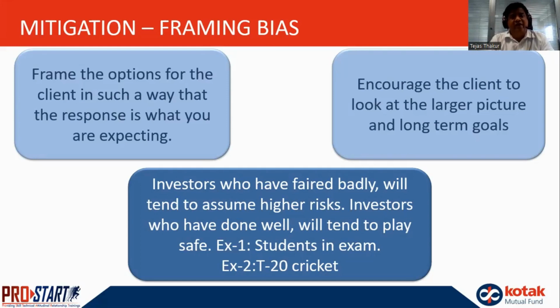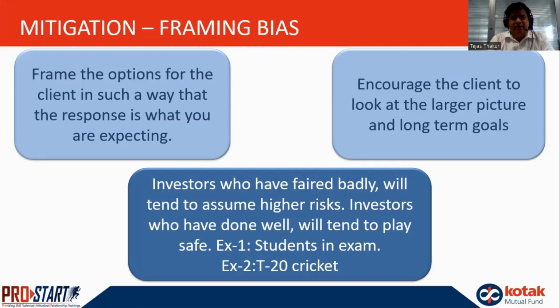So students who have fared badly will tend to take higher risks. Students who have done well for themselves will not want to take that risk. So the 85, 87% guy will not take that risk, but the 40, 50% guy will take that risk if he was expecting 90%. If he was expecting 40%, 50%, then again he won't take the risk.